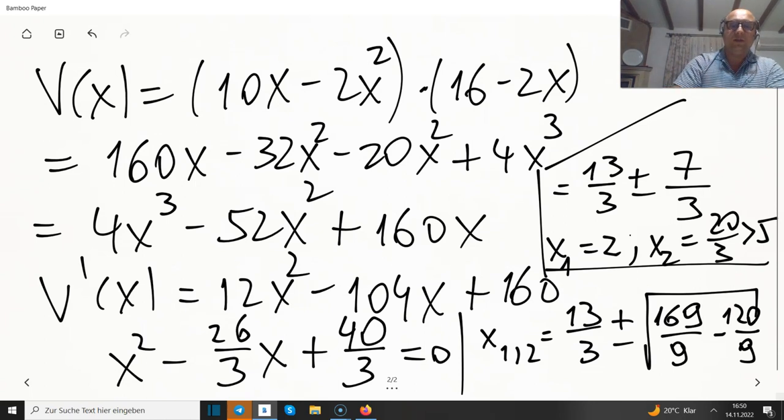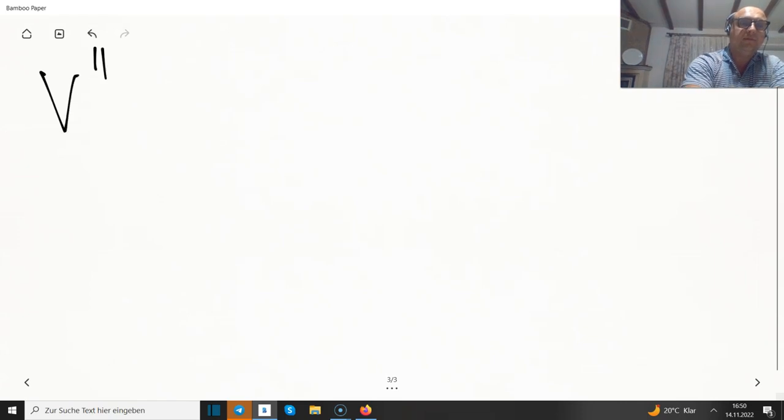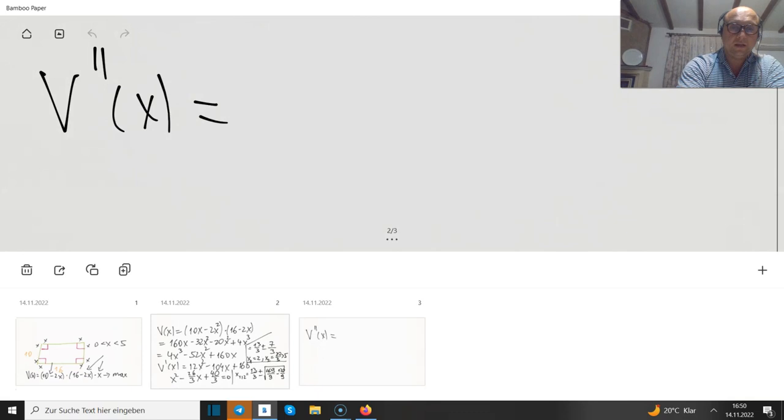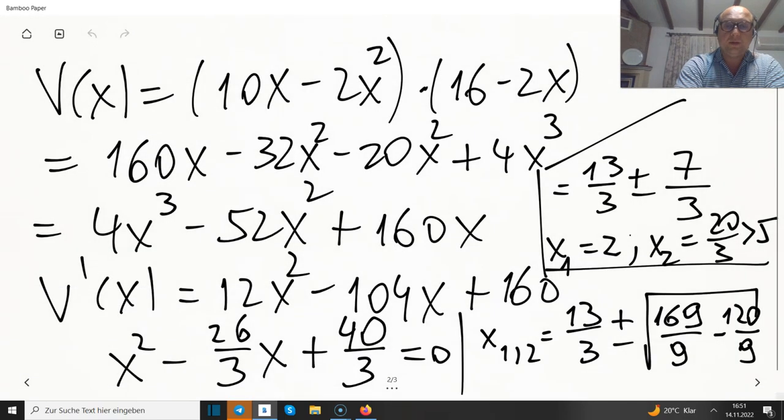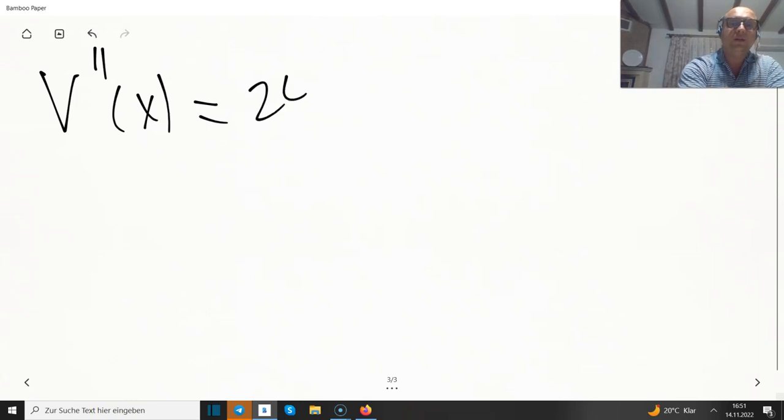And what we would like to do is figure out the second derivative, V second prime of x. What would that be? Well, that would be 24x minus 104.